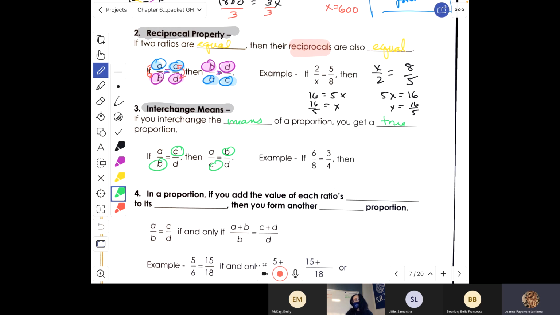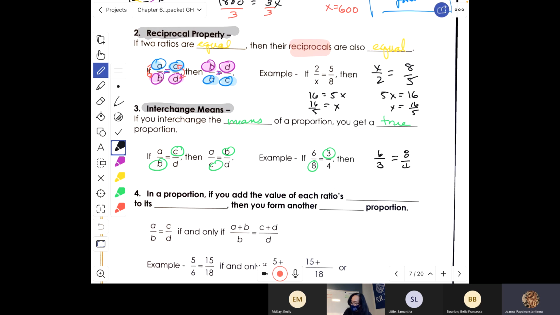It's still a proportion. So if you have 6 over 8 equals 3 over 4, and I interchange my means, what am I going to get? I'm going to get 6 over 3 equals 8 over 4.